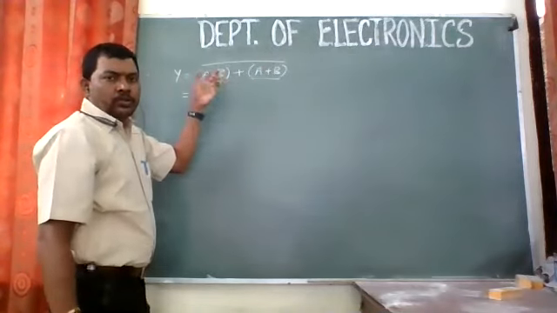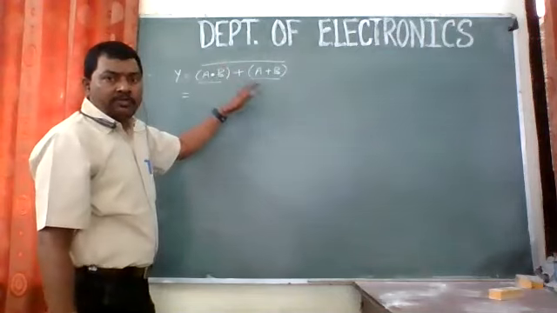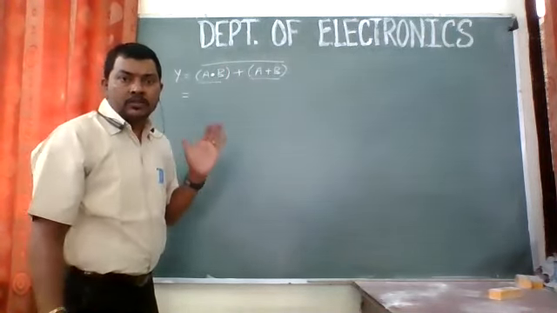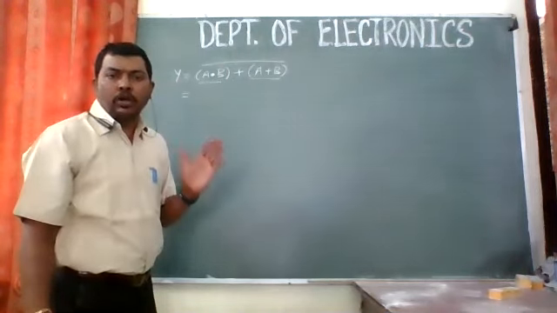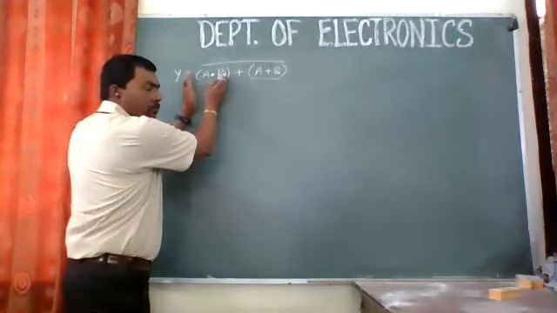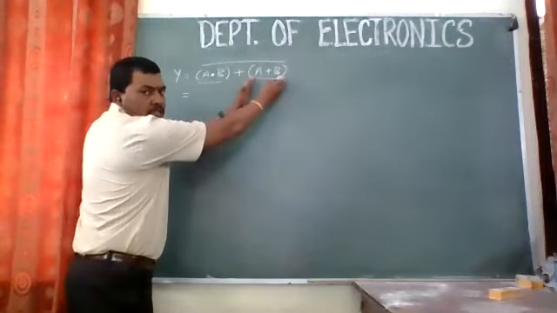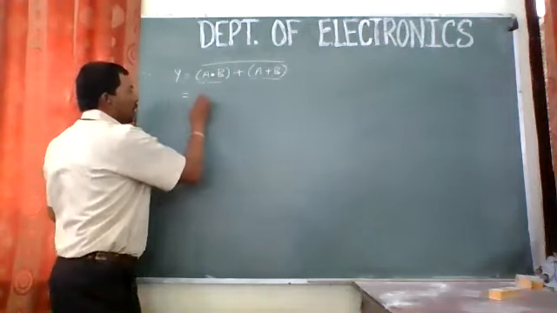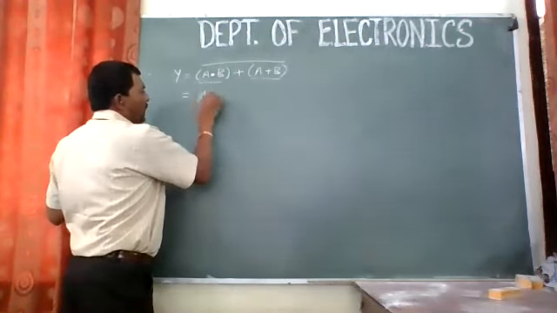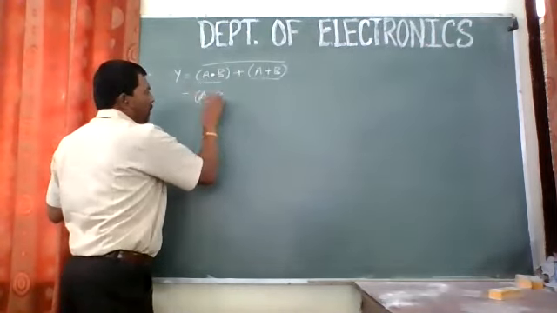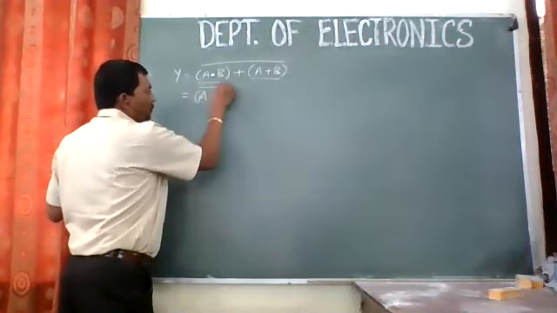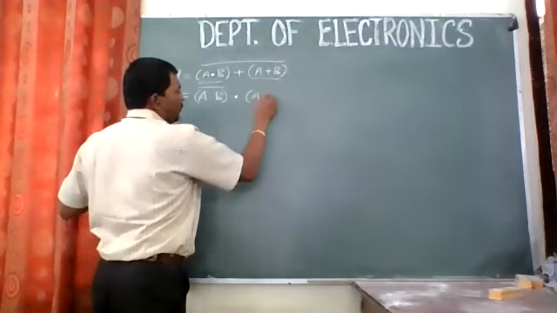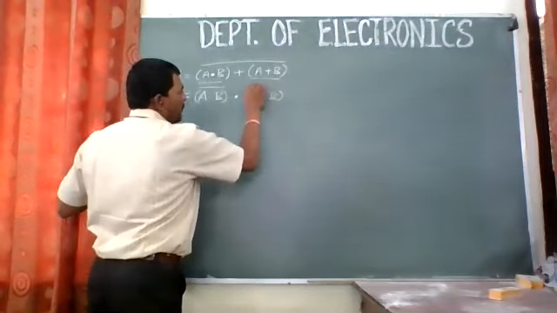So we'll split that. The complement of the sum will give you the product of the complements, right? So this is one variable we'll consider, and this we'll consider another variable. The complement of the whole of that can be reduced like this. So a dot b is one variable, and the complement of that, dot, the other variable we need to consider, that is a plus b complement.